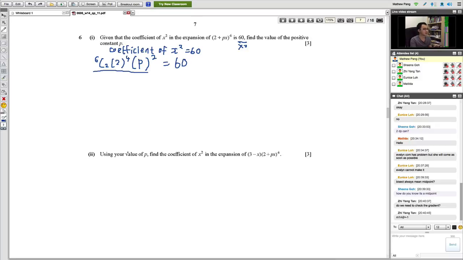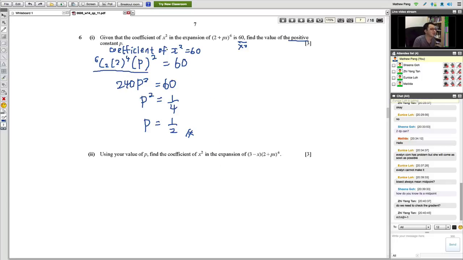Alright, so it's 240. So 240 p squared equals to 60. So p squared equals to 1 over 4. So p equals to positive negative 1 over 2. But then the question said only take the positive constant, so I will do 1 over 2. That's all, 3 marks. Alright, it's very easy if you understand the coefficient.